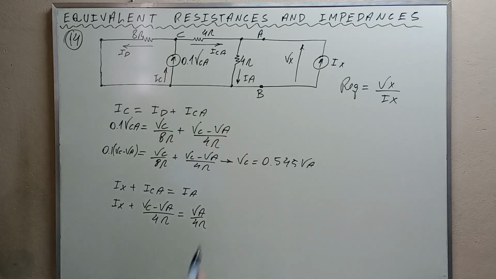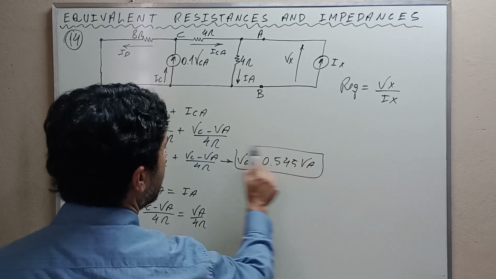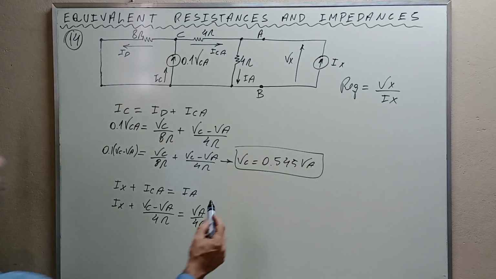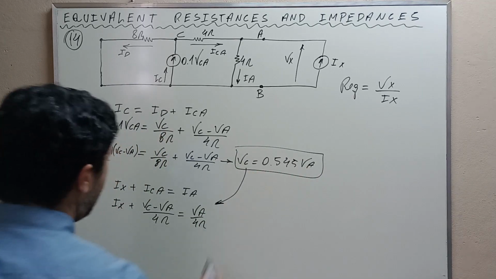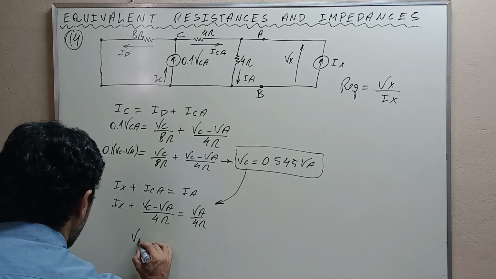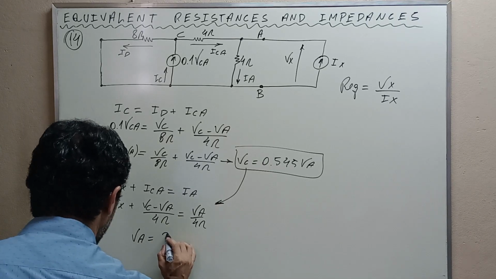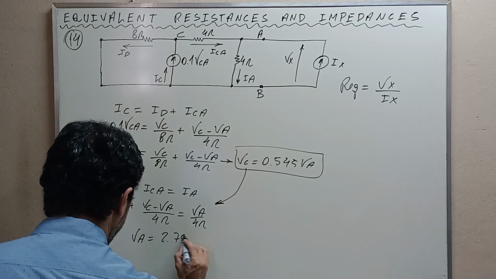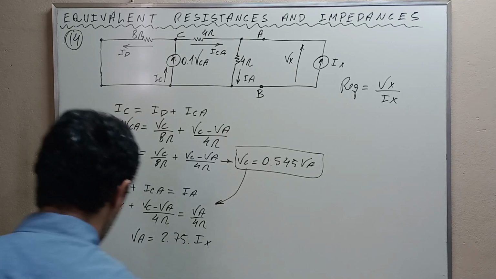Since we know that VC is equal to this, we can substitute VC here, and we find therefore that VA is equal to 2.75 times Ix.